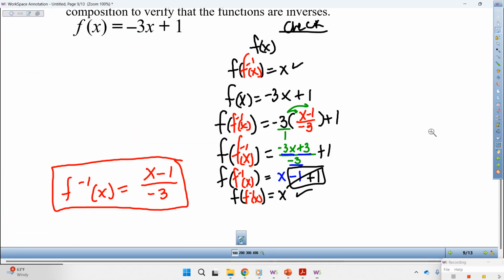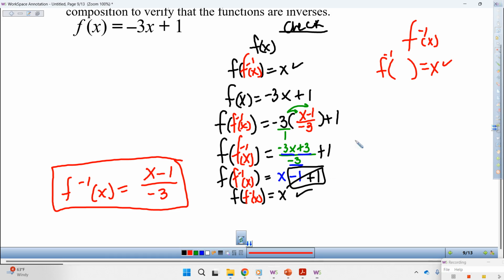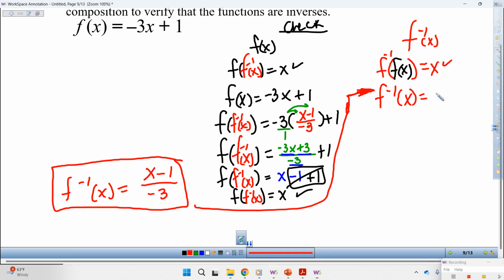All right, let's do the other check. Now we're going to start with the inverse of x, which means what, Mr. Q? Which means that at the end it needs to be equal to x when we substitute the f of x in here. So let's start with our inverse function, which is f inverse of x equals x minus 1 over negative 3.